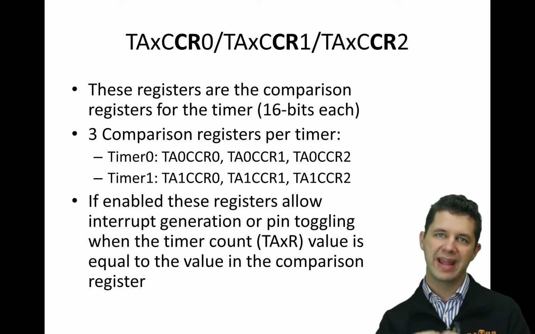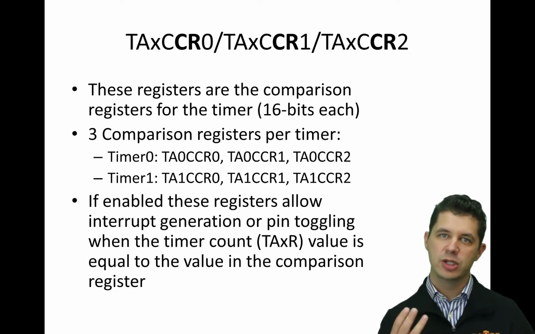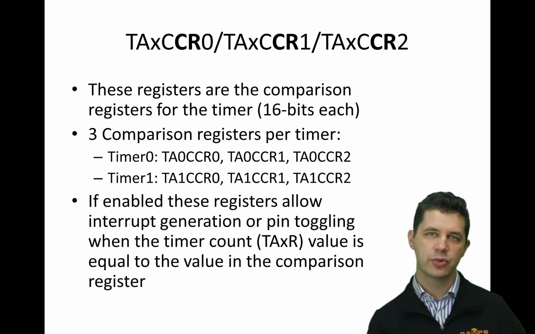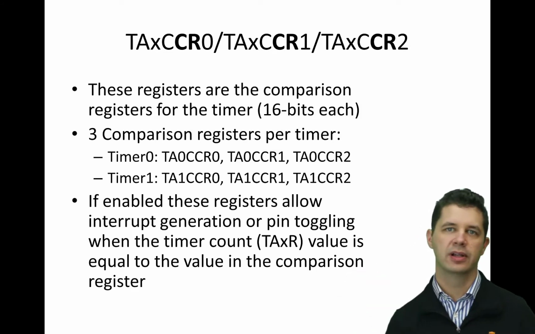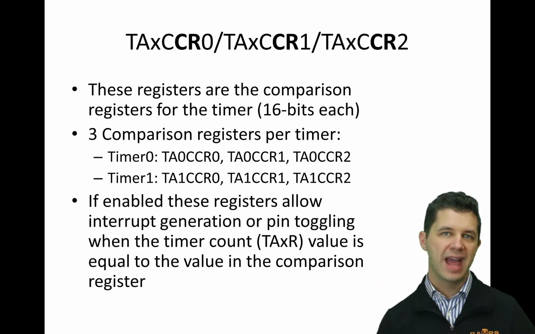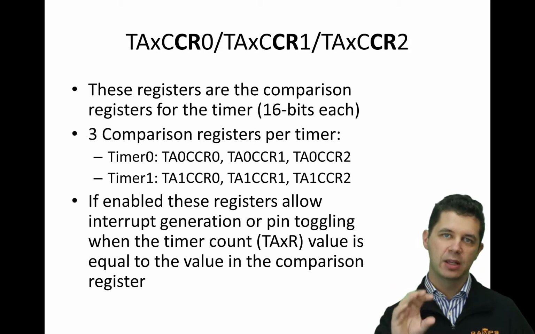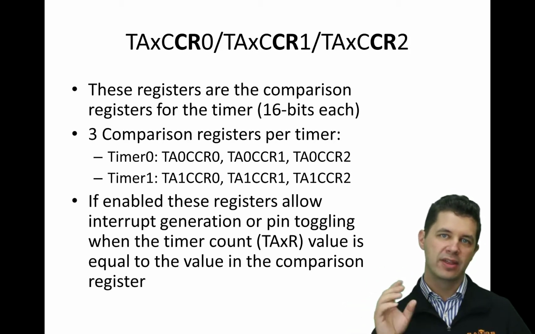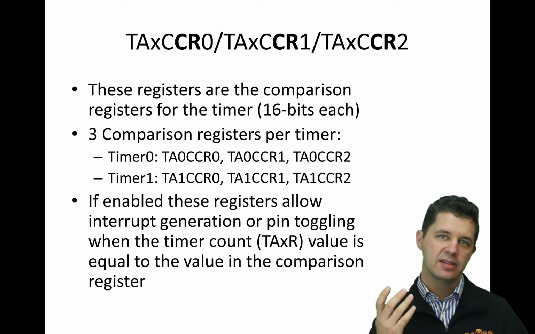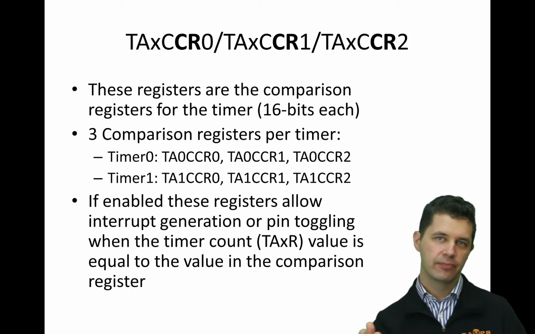We can generate interrupts and things when each of these happen. We have 3 of these registers per timer, so you'll see that there's 3 for timer 0 and there's 3 for timer 1, and they're named appropriately. And if we've enabled it, these can generate an interrupt or toggle a particular pin when they equal whatever the count value is in the TA0 or 1 R register.